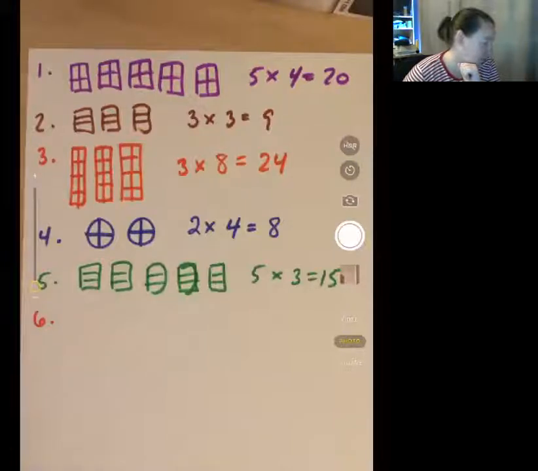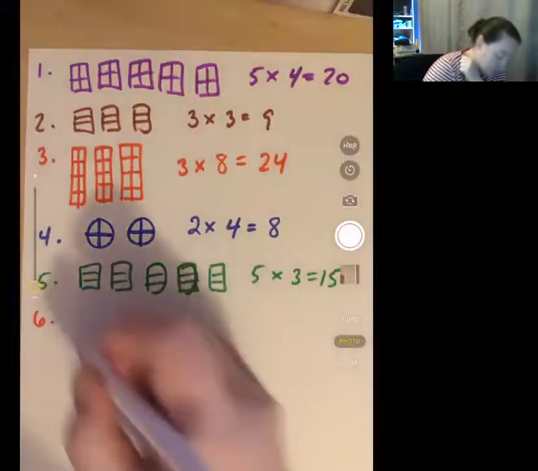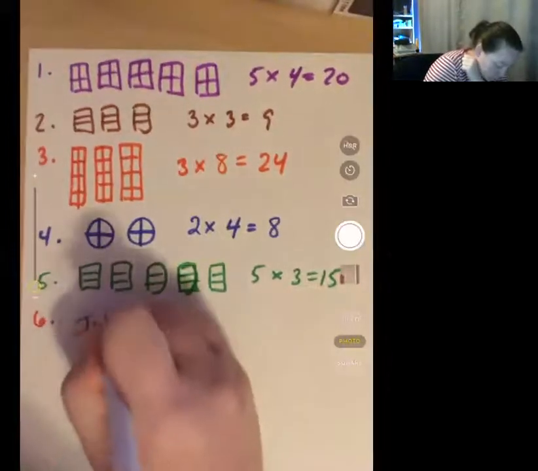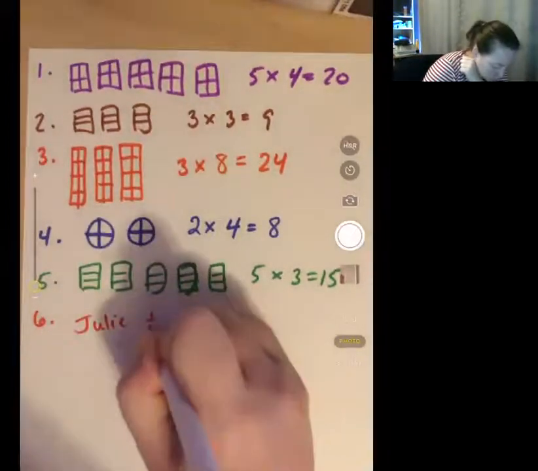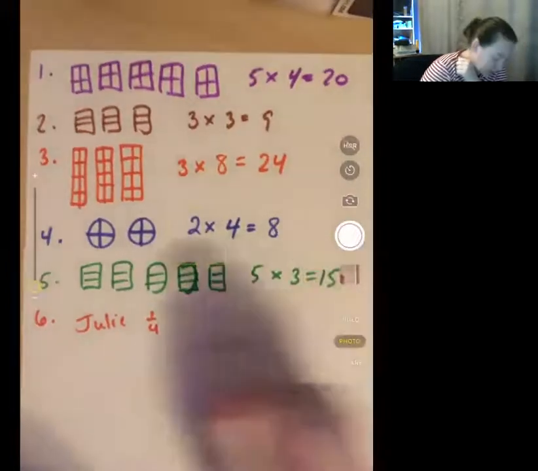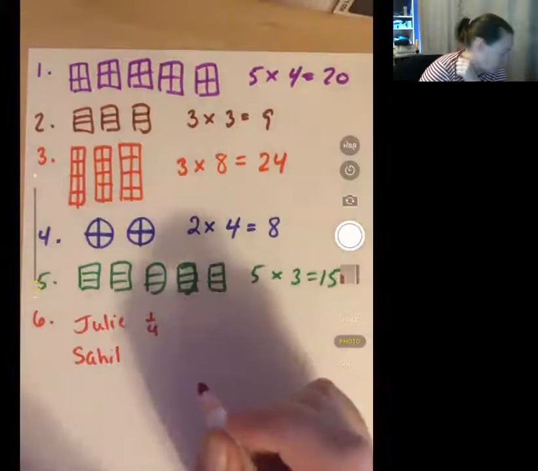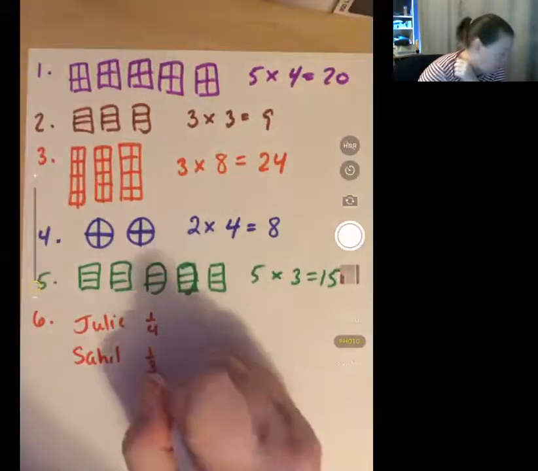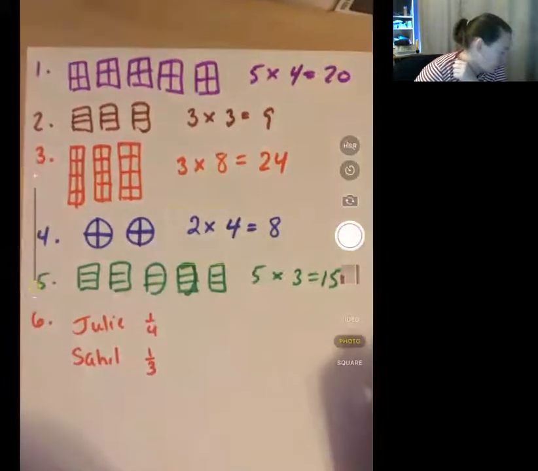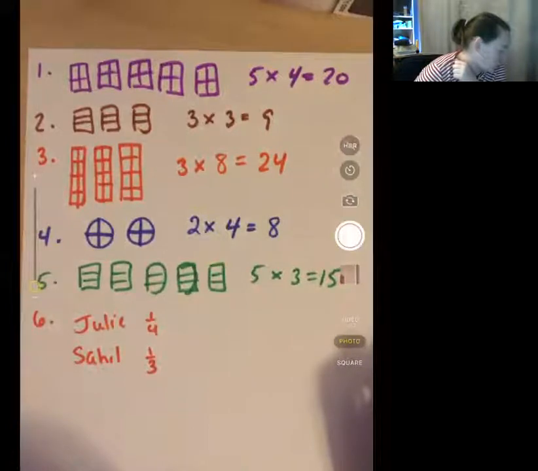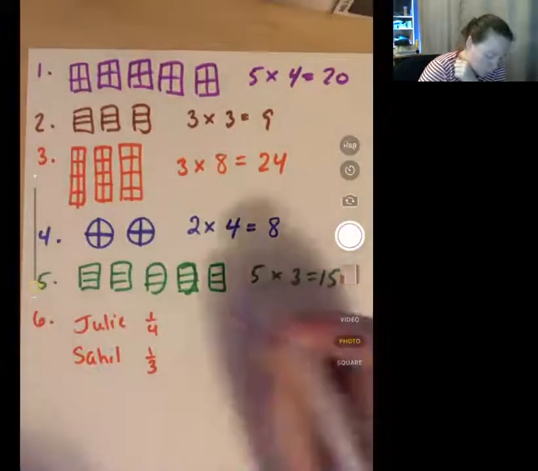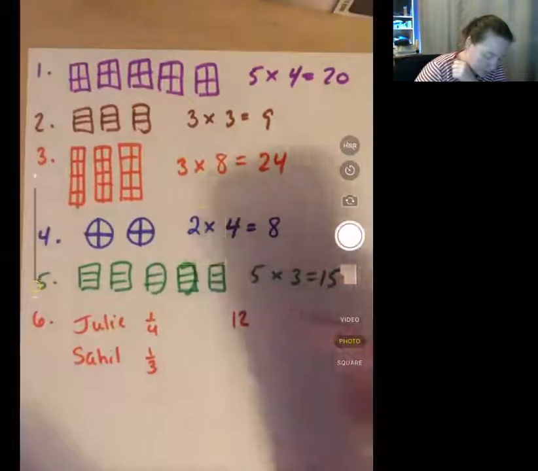Okay, so Julie is 1/4. Sahil is 1/3. The tree in the original drawing is 12 inches.